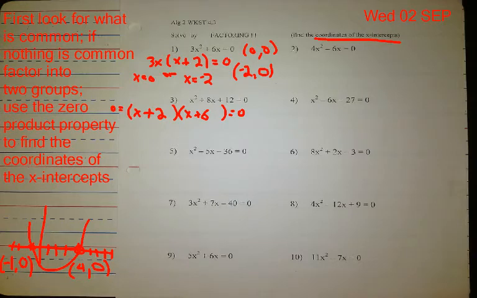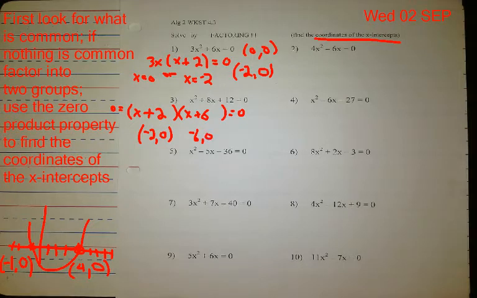Negative 2 plus 2, that would be 0. And here, what would make this one equal 0? Negative 6 plus 8. So, that means the parabola goes like this, and it crosses at negative 2, 0, and the answer to this one is negative 6, 0.